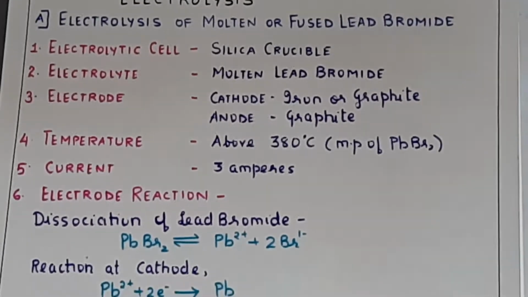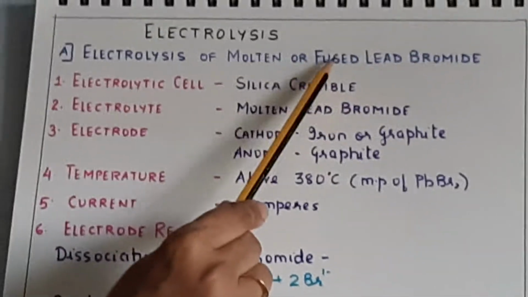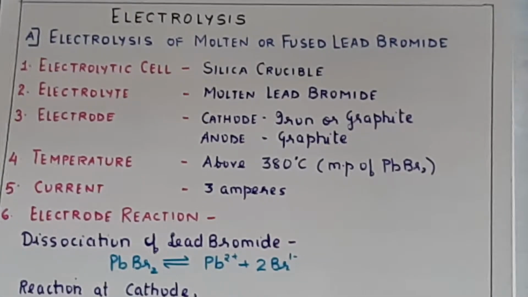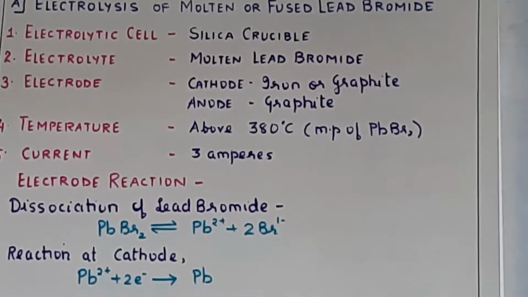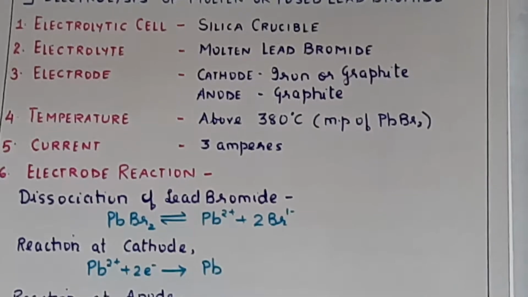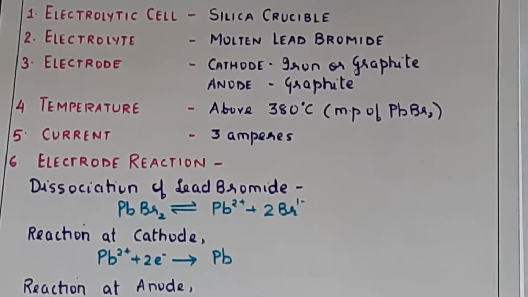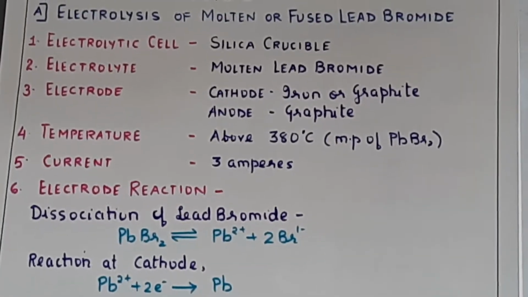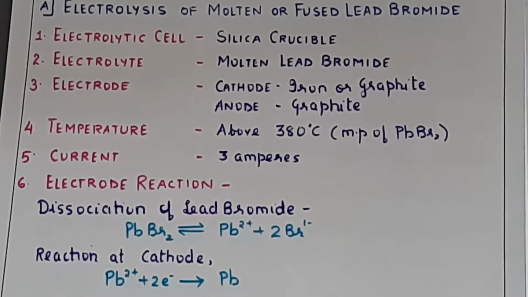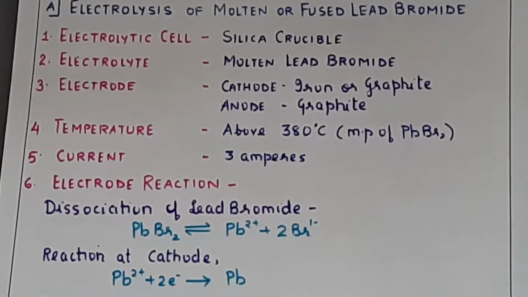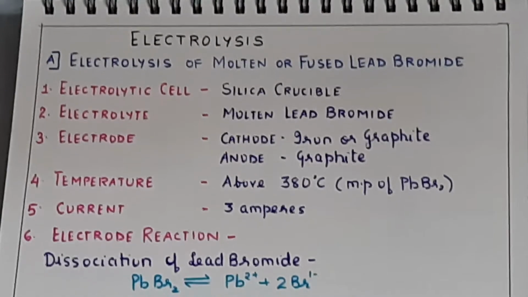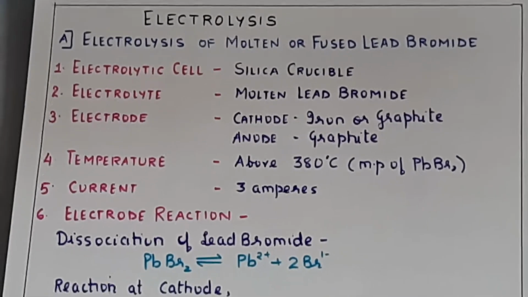Now we have written electrolysis of molten or fused lead bromide. If you remember, solid lead bromide will be a non-electrolyte. It cannot conduct electricity. Do you remember why? Because the oppositely charged ions, that is the lead ions and the bromide ions, will be held by very strong electrostatic forces of attraction.